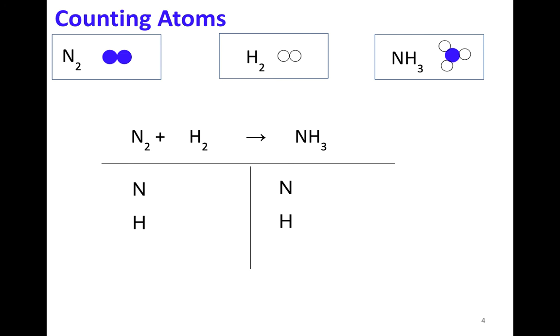If we look at that subscript of 2 for the nitrogen, we know we have 2 atoms of nitrogen. Same thing with the hydrogen, we have 2 atoms of hydrogen. And you can see that up in the pictures as well. Going over to the product side, we have 1 atom of nitrogen and 3 atoms of hydrogen.